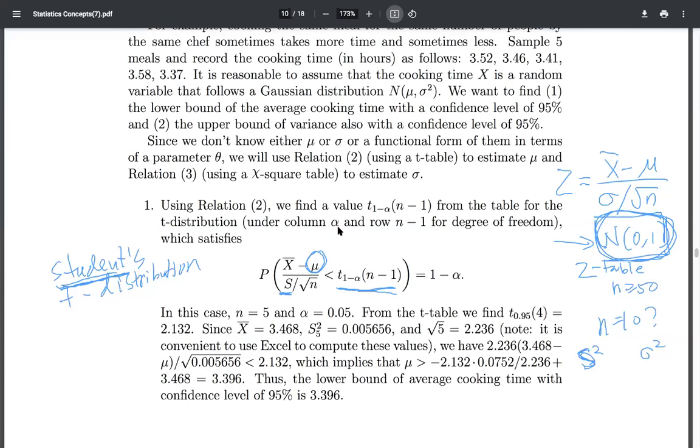These are again pre-computed tables. You just need to find the T table, do a Google search, you get the T table out, then you get the value. So it has two things, right? So for this, this is called the degree of freedom.